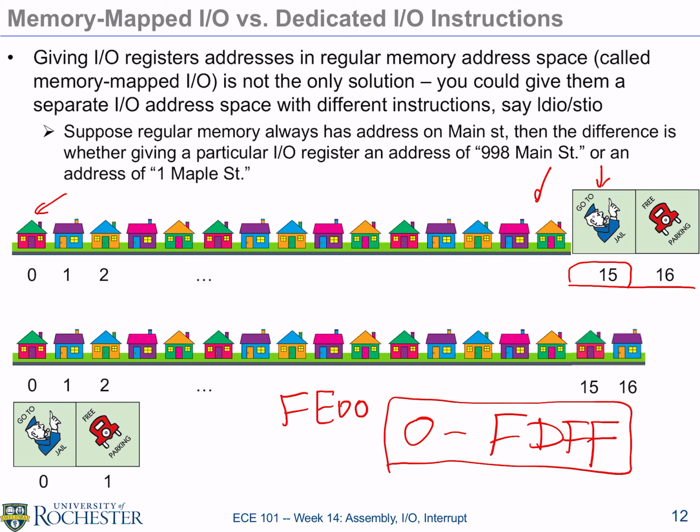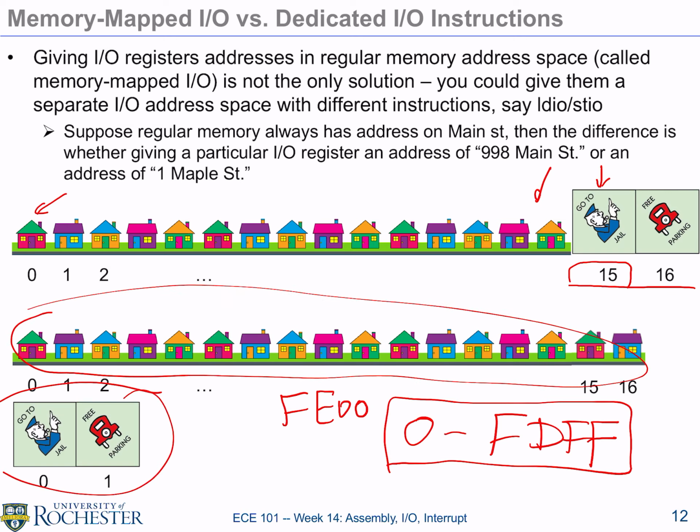Approach two, you can say let's create separate address spaces altogether. This is space 1, this is space 2. It's sort of like giving a different street name. This is no longer your main street, this is a different street, Maple Street. Now you have very few elements on there, but that's a different street. How do I tell which address space I'm accessing? By the instruction. If I have a regular load instruction, that means I'm loading a regular memory address.